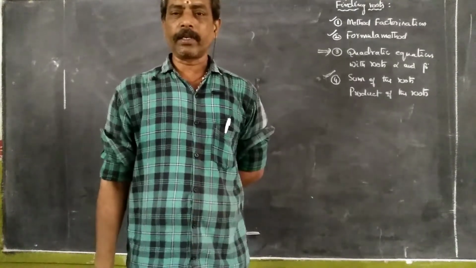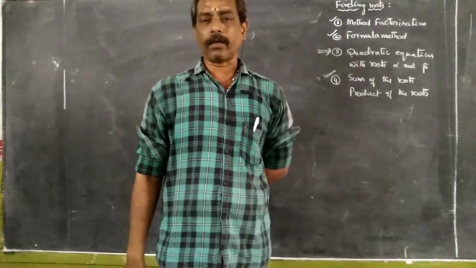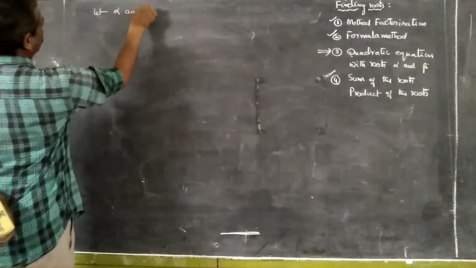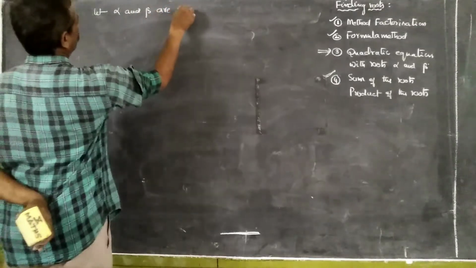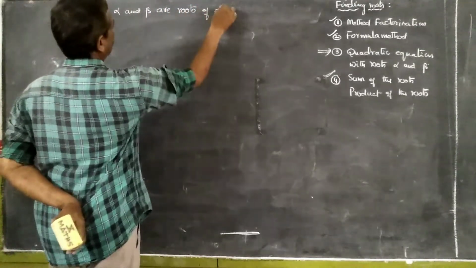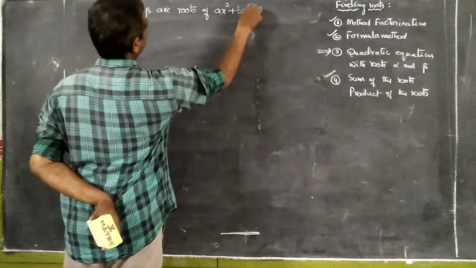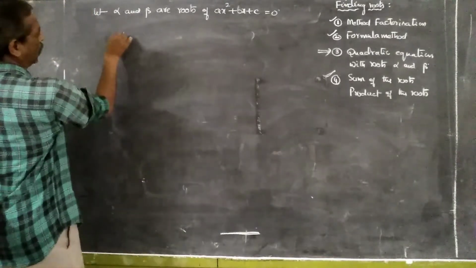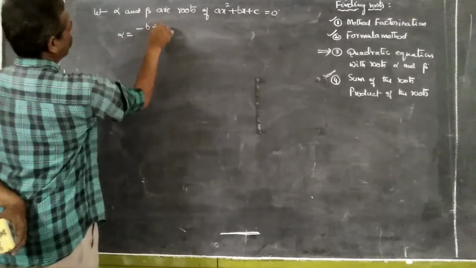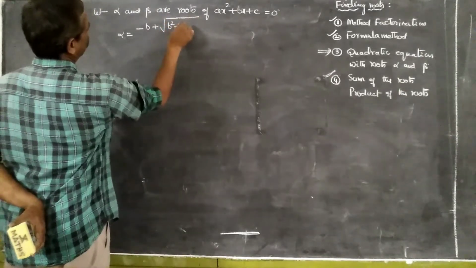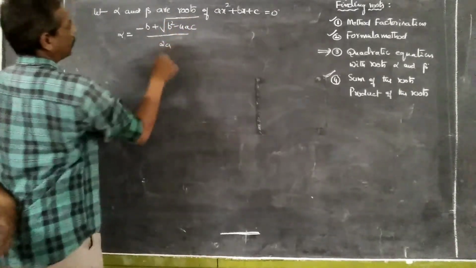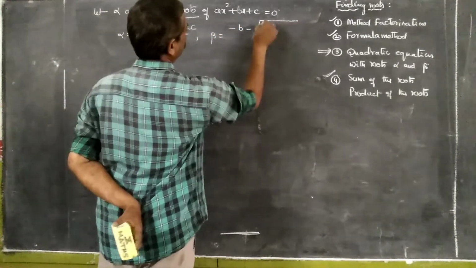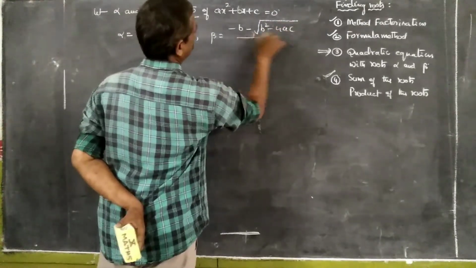Let alpha and beta be roots of ax² + bx + c = 0, such that alpha = (−b + √(b² − 4ac)) / 2a, beta = (−b − √(b² − 4ac)) / 2a.